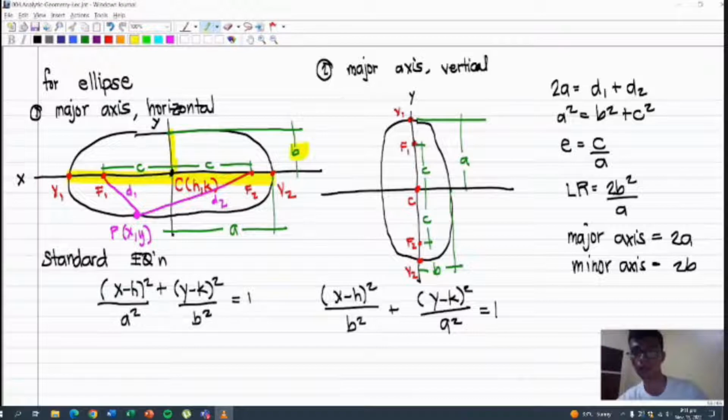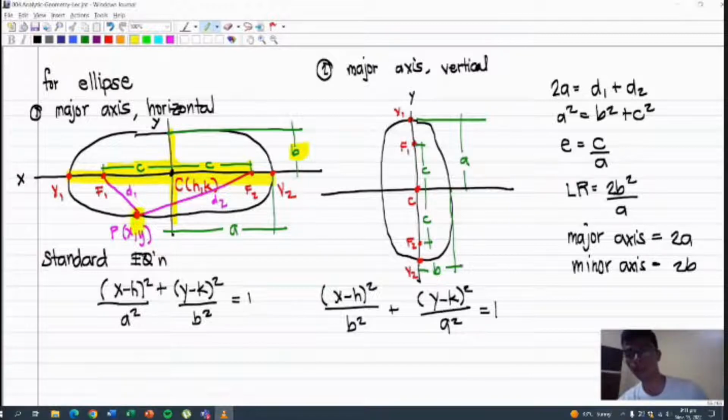So, kung buong minor axis, dalawang B. And then, tandaan din natin that itong C distance, yung C na to, ito yung distance of the center from the focus. Sa focus number 1. And another C ulit, equal yan, na distance naman from the center to the other focus. So, yung kabilang focus.